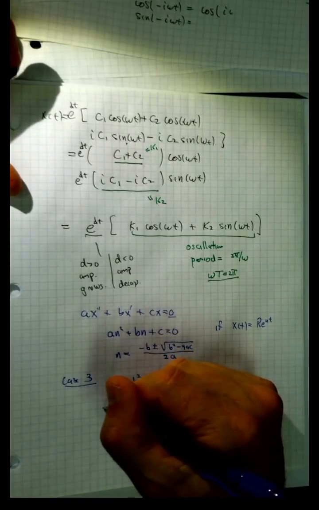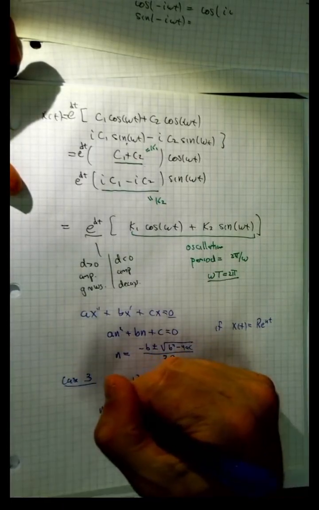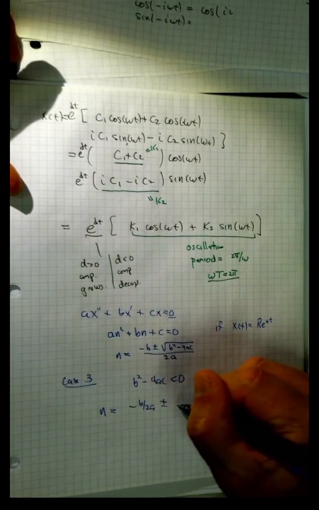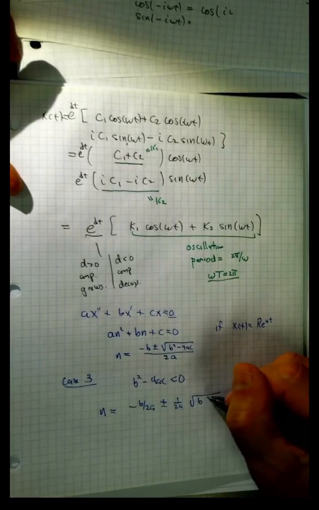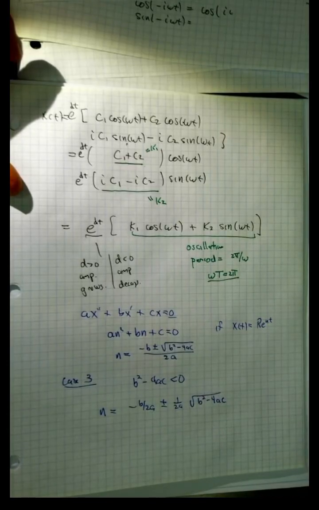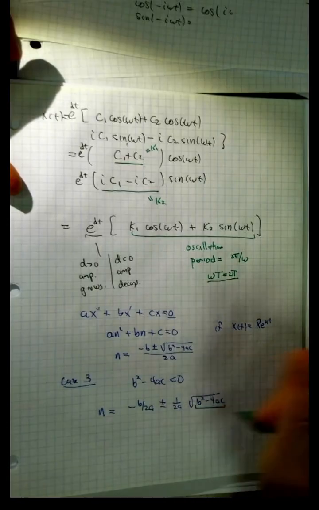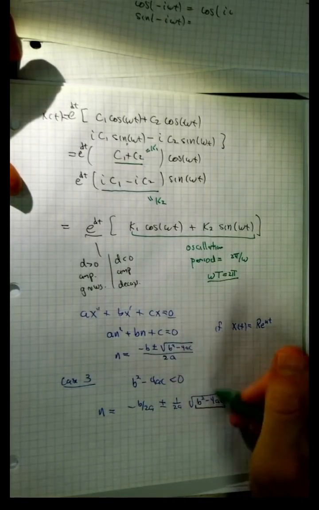In this case, though, I can write n as minus b over 2a plus or minus 1 over 2a multiplied by the square root of b squared minus 4ac. This is a negative number. I don't like taking the square root of negative numbers. I'd rather think about this as i times a real number.